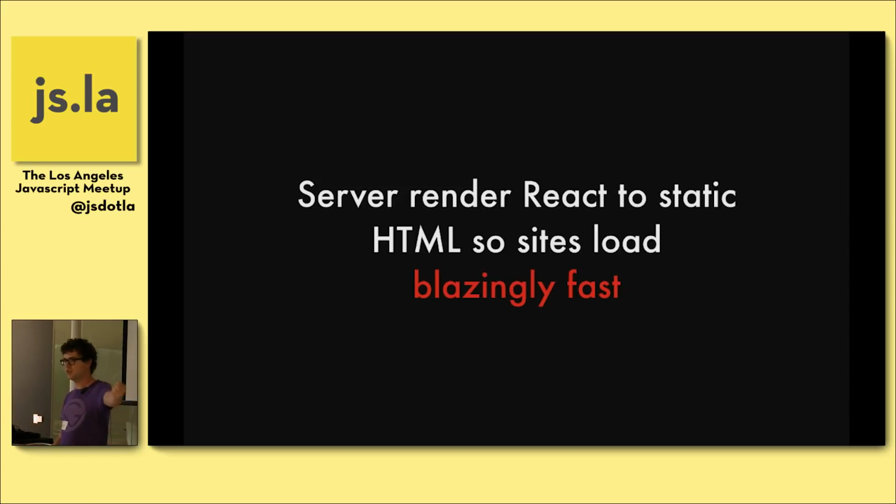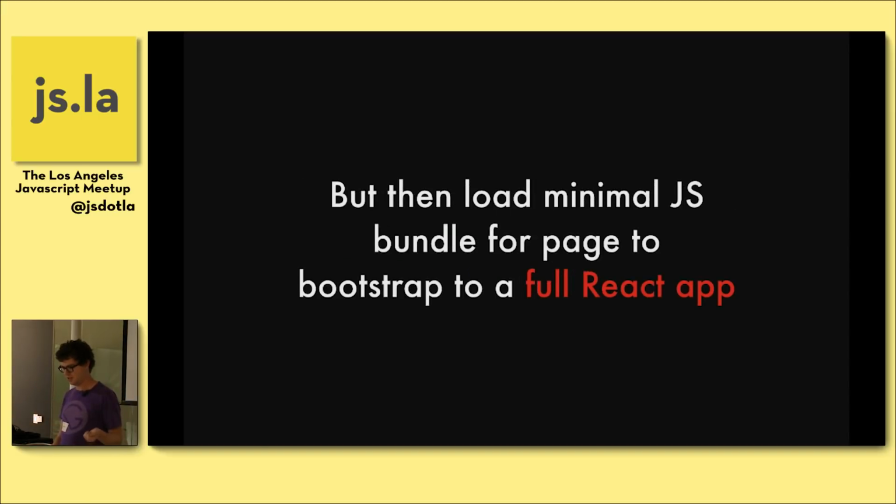You load the HTML first, then pull in the minimal amount of JavaScript necessary to bootstrap the site in the client, and then it turns into a full React app. From then on, your website is actually a single-page React app. So it loads HTML, loads JavaScript, and then turns into a React app. But it still feels like a website as you're clicking around. Instead of being slow like a website, it's fast like an app. That's the idea.